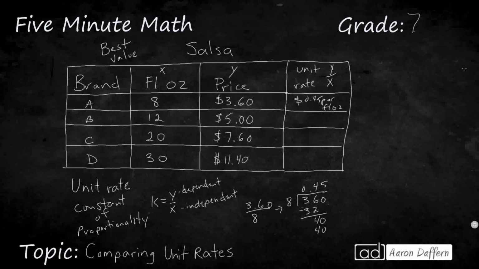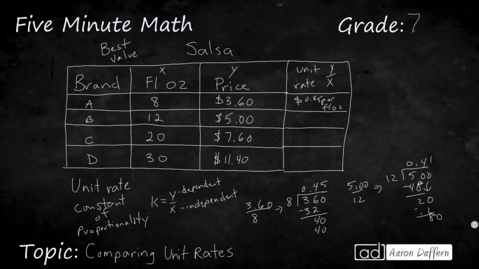We've got 12 into 5, so that's going to be my $5 into 12. Let's tip that over onto its side. 12 doesn't go into 5, but it goes into 54 times. That's 48. So that's going to be 2. It's 20. That's going to be 1. So there's 8 left.